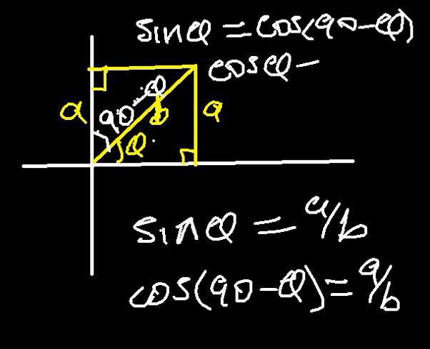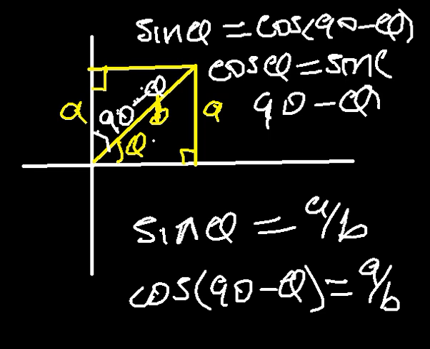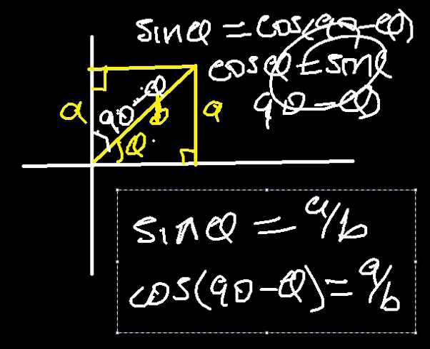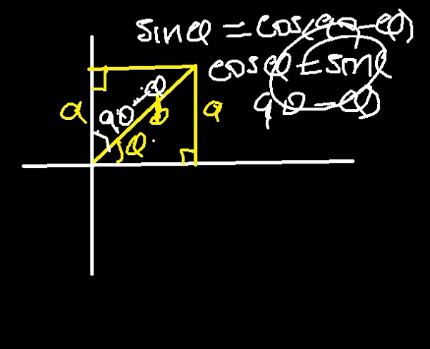It is the same as the sine of 90 minus angle theta. This is one of the properties of the complementary angles, and this is also true if we may think of having this.